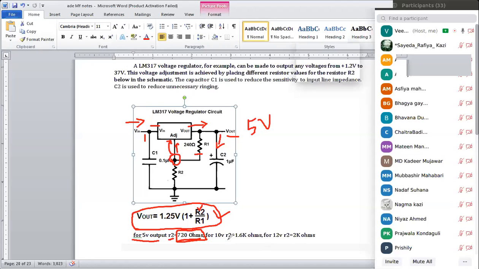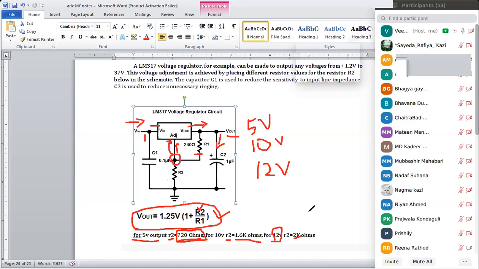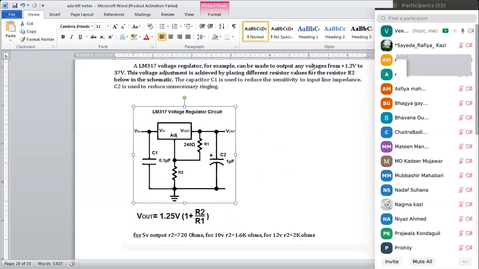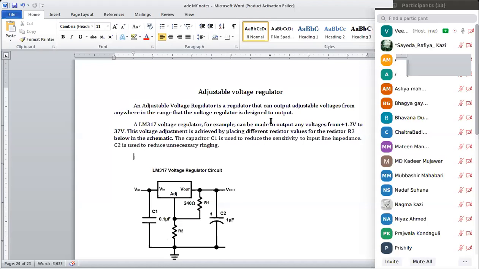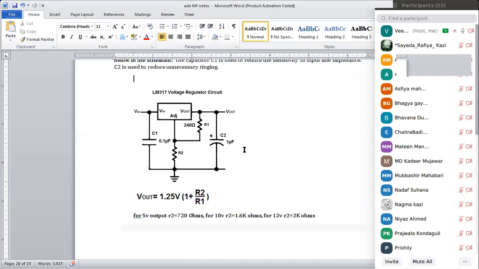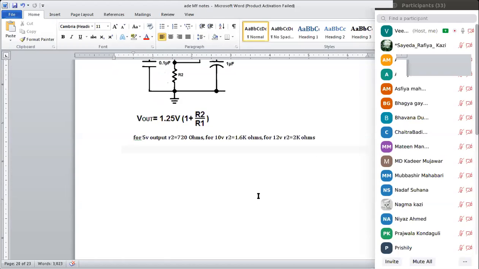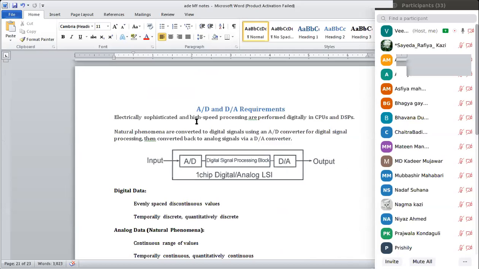If I make it 1.6 kilo ohms, then the output I get is 10 volts. And if I make it 2 kilo ohms, the output I get is 12 volts. So this is what is called an adjustable voltage regulator. Hope you have understood. Then I'll go for the next topic.